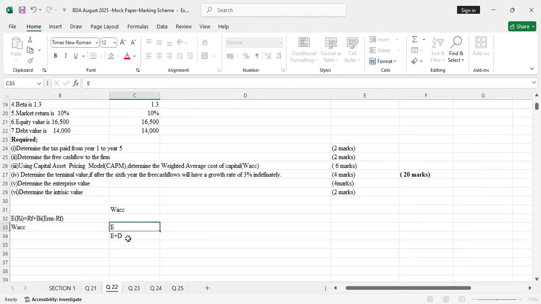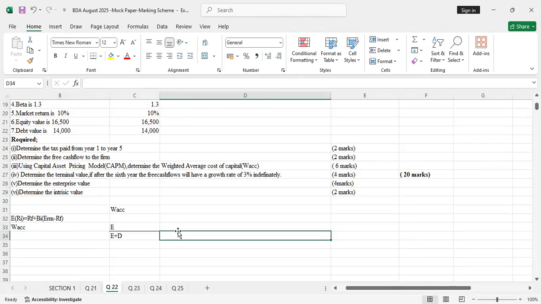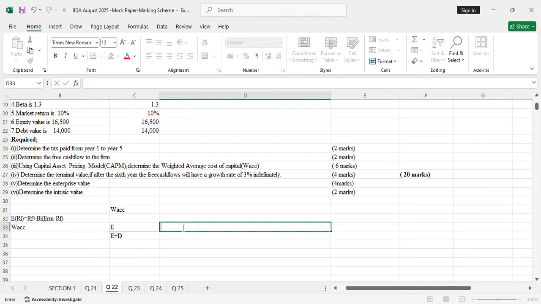So you multiply this by RE, that's the cost of equity. Then you add again.